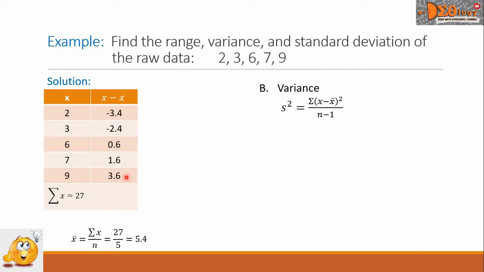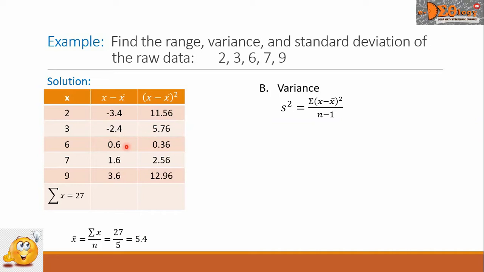After this, we need another column to square each data in this column. So negative 3.4, if we square this, we have positive 11.56. The square of negative 2.4 is 5.76.